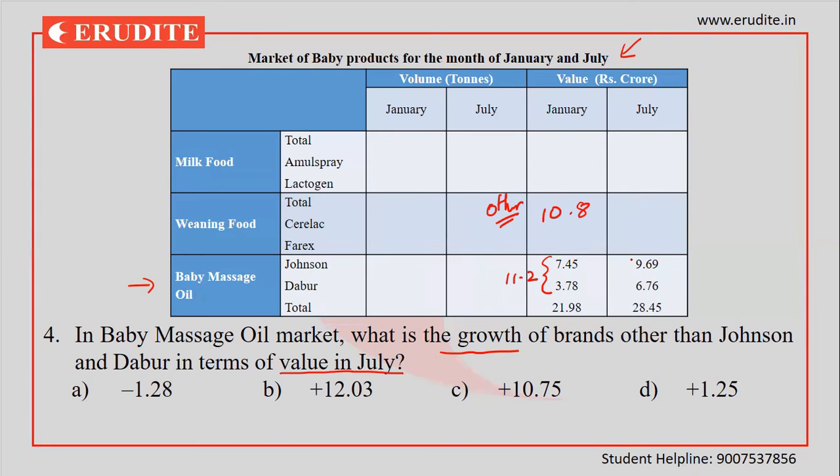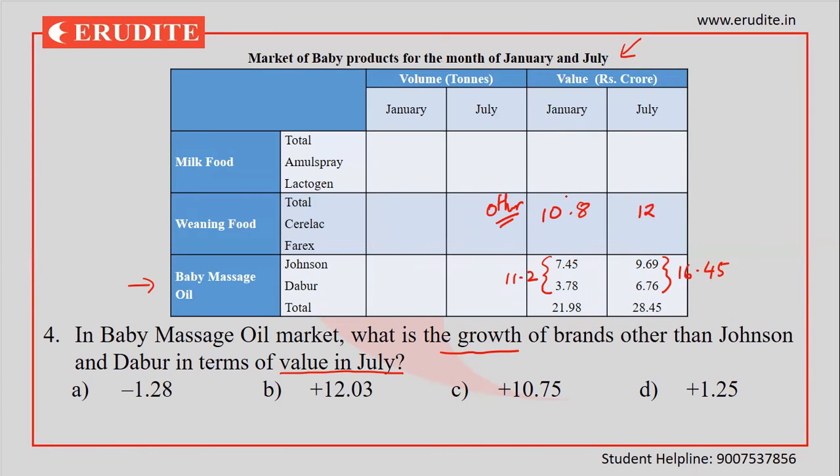And these two, if you add them up, it is 6, it is 15, 16.445. So approximately it is coming as 12.